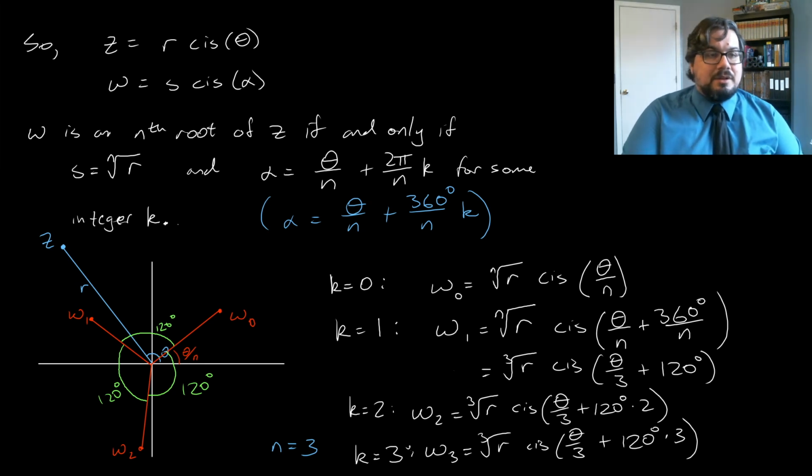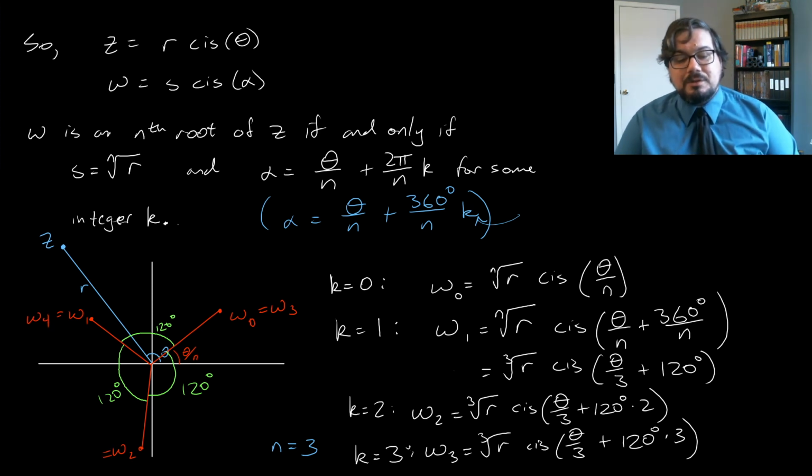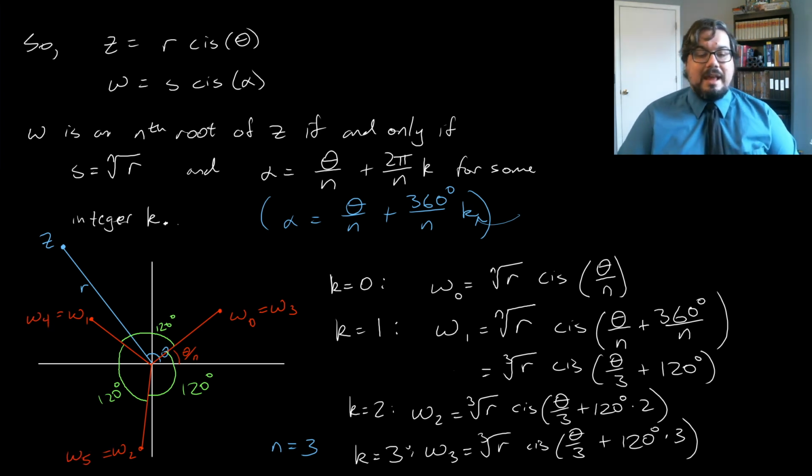In fact, notice that when k is n up here, then you'll always be adding 360 degrees to the theta over n piece on the left. But we already did this one. So the W3 that we just computed is the same as W0. And similarly, W1 will be the same as W4, W2 will be the same as W5, and we can keep going around and around and around again.